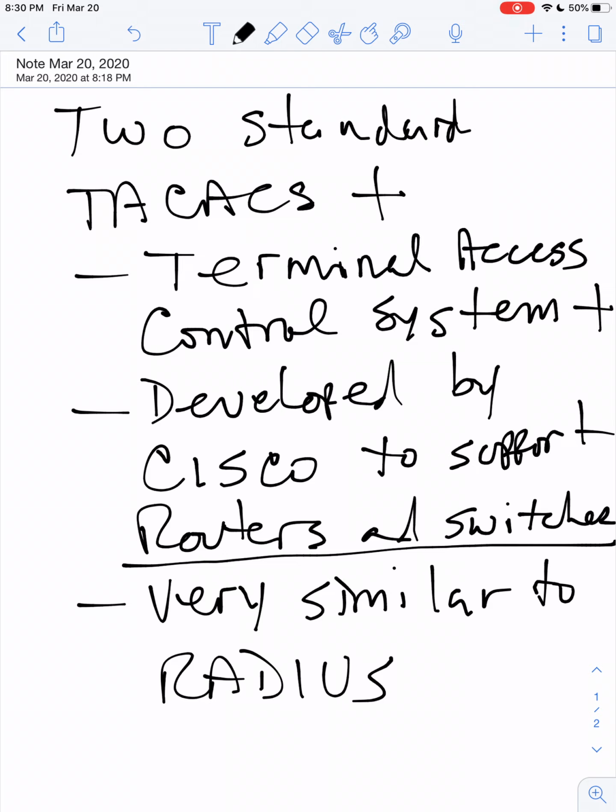At the same time, you can now use Radius for routers and switches, and Cisco does support both. So you're not limited to TACACS, although Cisco does do a few things with TACACS that no one else does. And if you're willing to deal with that, it's actually quite a powerful system.